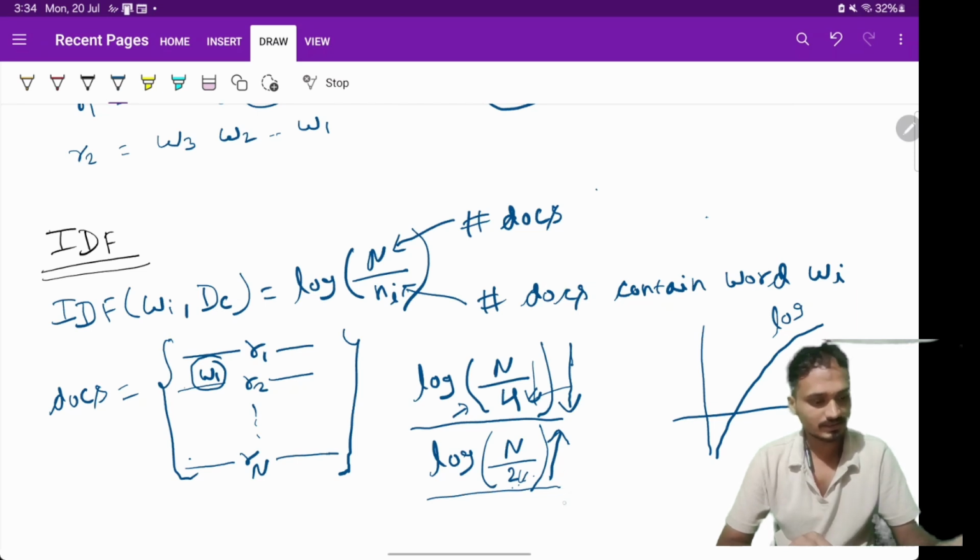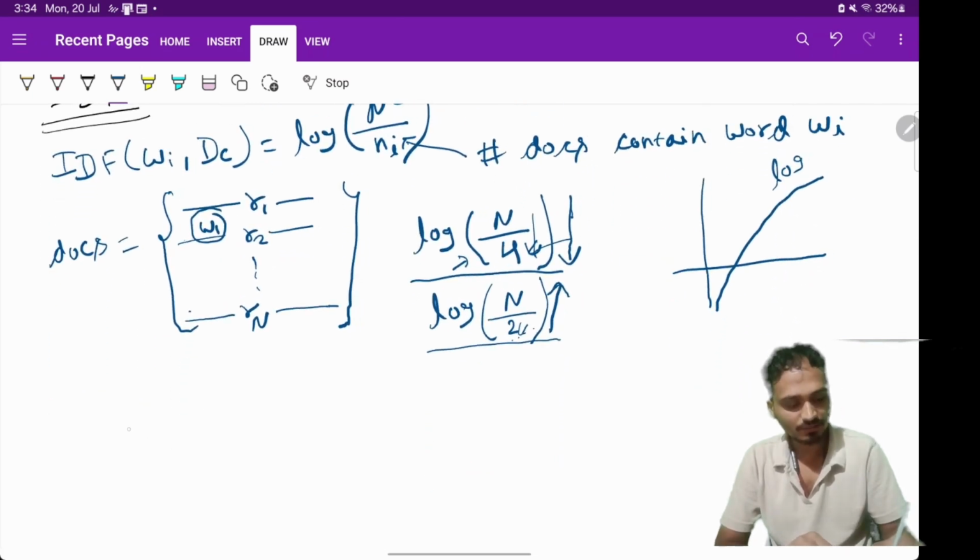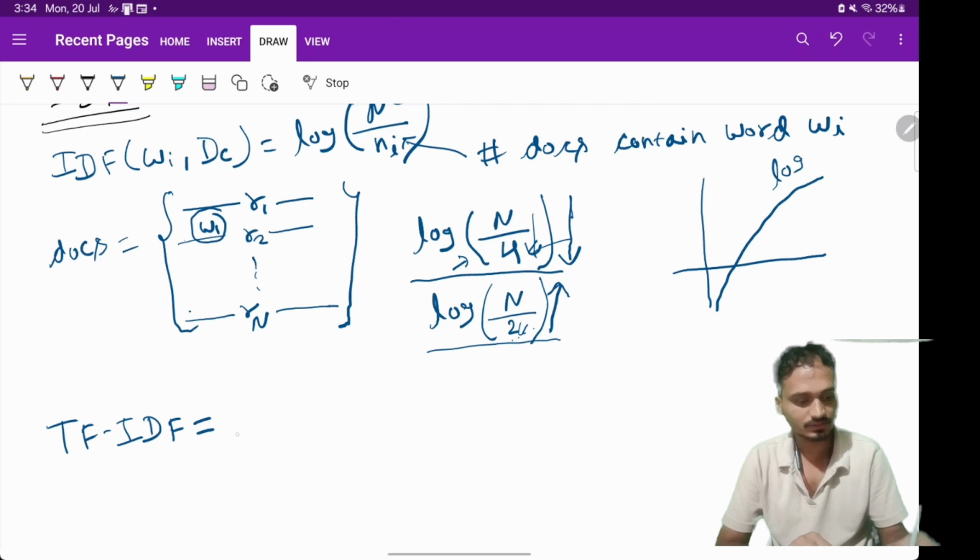I hope it's making sense what IDF actually says, and what do we do finally? We calculate TF-IDF together, both are computed and multiplied. So let's say we are finding w_i for document or review Rj. Both will be calculated.